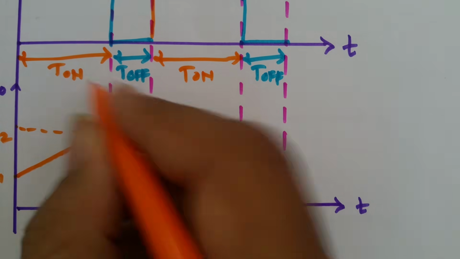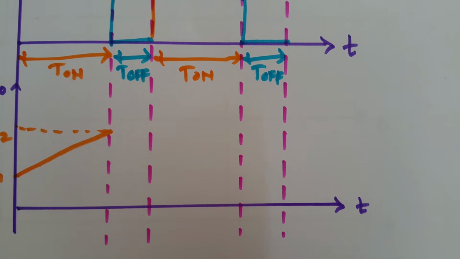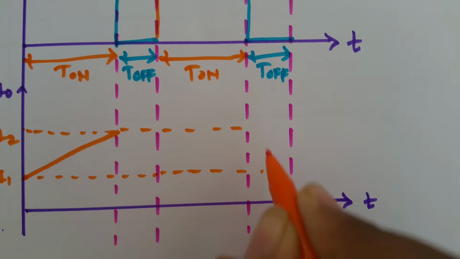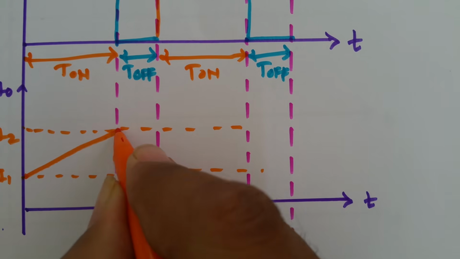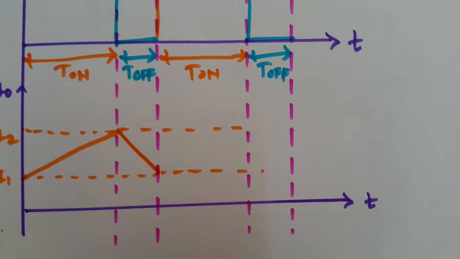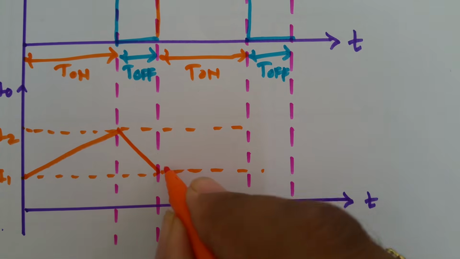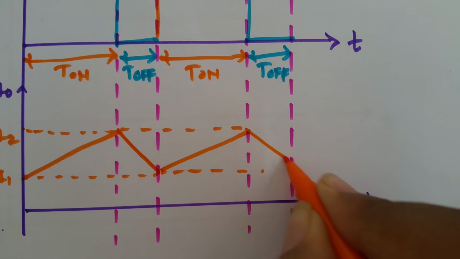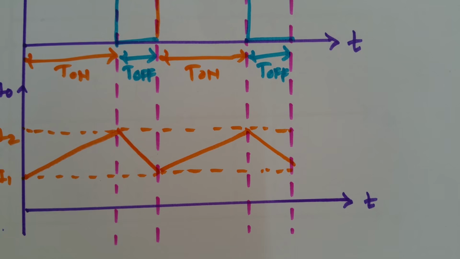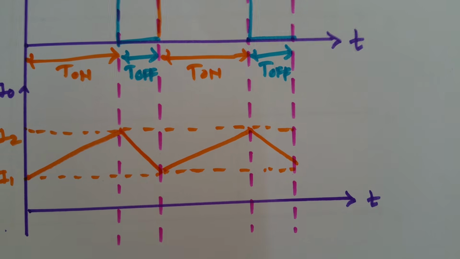Then during T on its current will increase like this, and when the switch is off its current will decrease and go back to I1, and the inductor's energy will get released through the freewheeling diode. That is what gets repeated, and this will be the waveform which we can see at the output side.